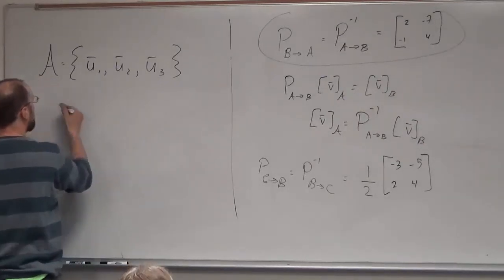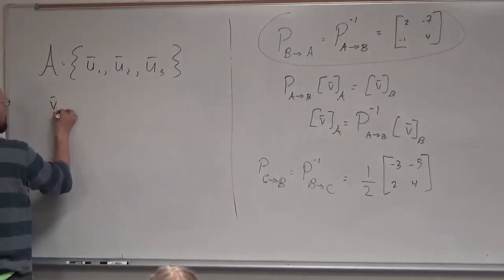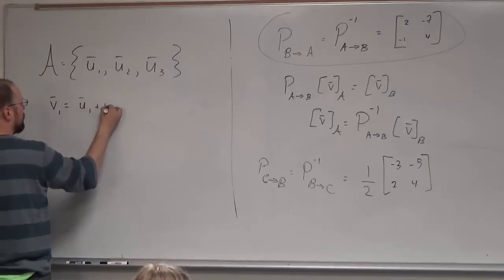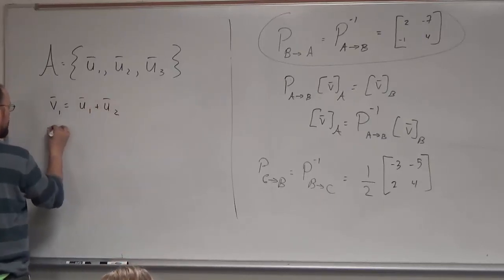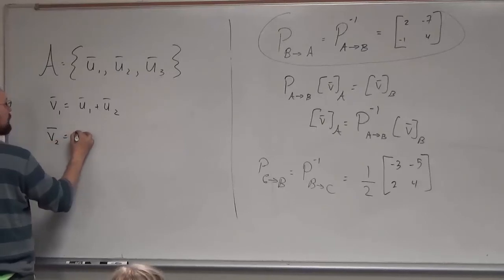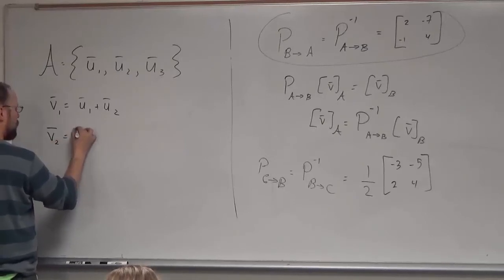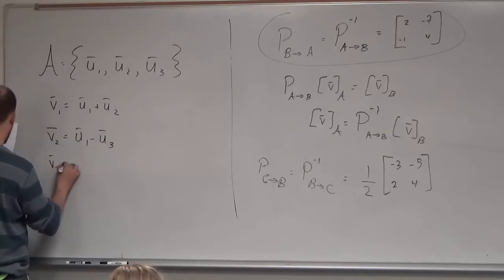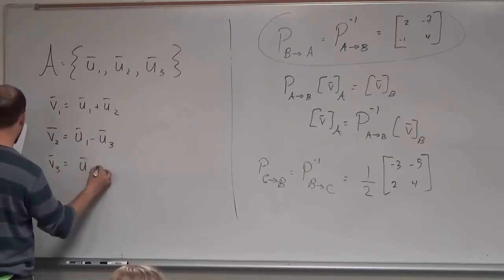Suppose I define V1 to be U1 plus U2. Define vector V2 to be U1 minus U3. And vector V3 to be U2 plus U3.